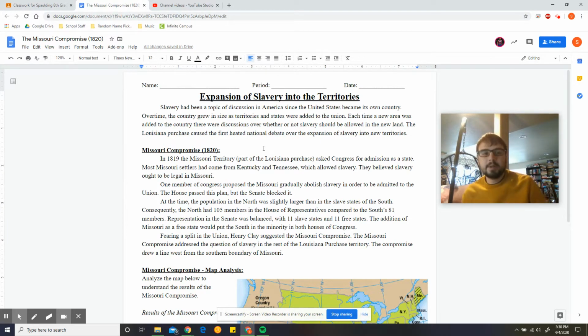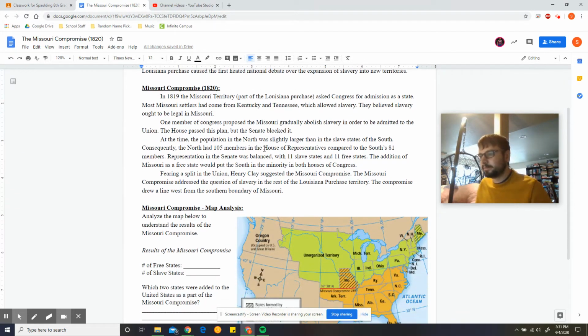So basically, they were debating, when a territory became a state in the country, should slavery be allowed to exist there or not? The Louisiana Purchase caused the first heated national debate over the expansion of slavery into new territories.